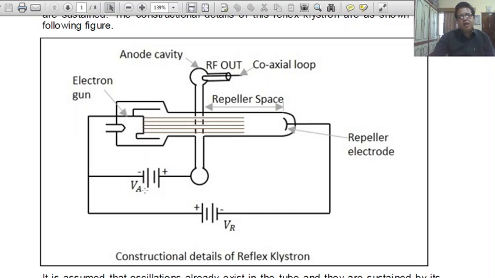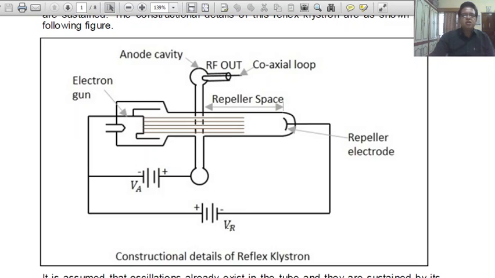This is VA and this is VR. Negative potential is given to the repeller, so it can repel the electrons, and positive potential is given to the anode, so it can accelerate the electrons.